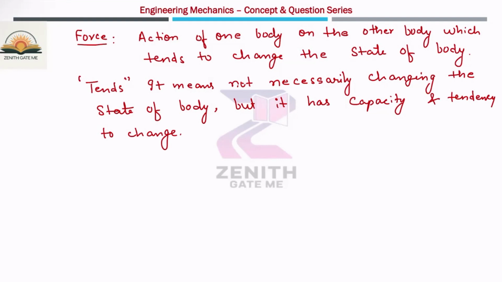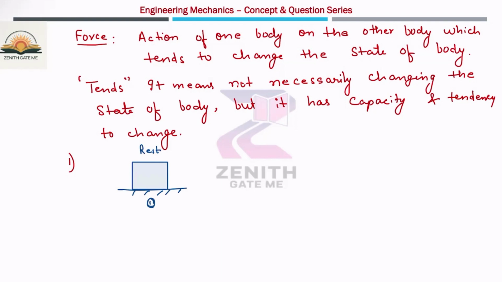Okay. So this is the general perception of force, but it is not necessarily that the force will change the state of that body. What it means, let's try to understand with an example. Let us suppose this is a block which is resting over this surface. Now, this is the initial condition, let us suppose the first position.